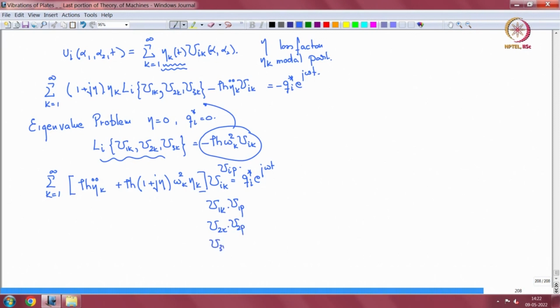The third has u3k multiplied by u3p. This part is the same, and this has q1 star, q2 star and q3 star, and then we sum the three equations up.